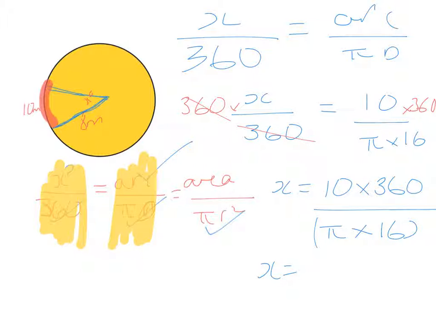And if we do that properly, we should get 71.61, and if we round that, it'll be 71.6 degrees. So we can see that we can use the ratios, the fractions of our circle, to rearrange and make some straightforward calculations. Thanks very much.